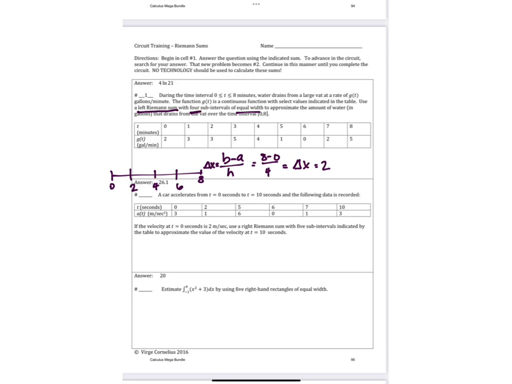So I want the left side of these 4 rectangles. So from 0, I'm going to hop up to g of 0, which is 2. So this is going to go up 2 spaces. And this is going to be my rectangle for my first partition.